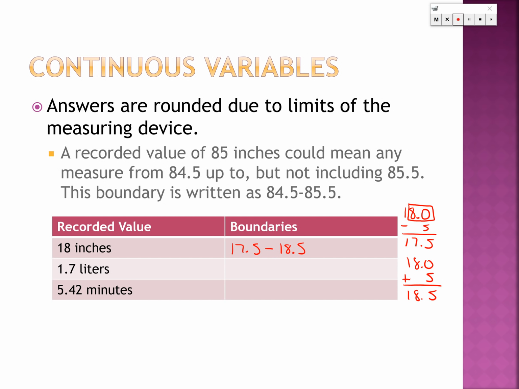So just take a little pause here and see if you can take a shot at finding the boundaries for the other 2 measurements in this table. So again, I like using my little trick, 1.7, I put a 0 on the end, I subtract 5, so I get 1.65, I add 5, 1.75.